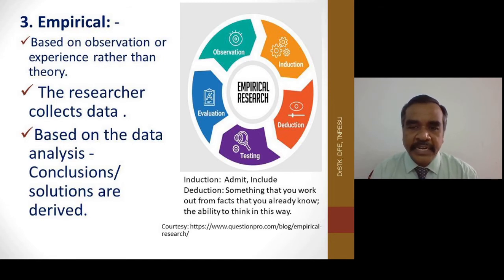So in a deductive manner, the research can be conducted with some formal deductions. Then you can go for the testing procedure, then evaluation. So these are the empirical research. So the nature of research demands that every research must be conducted based on evidence, based on observation rather than a theoretical concept.